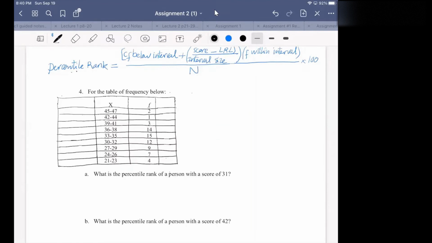In this problem, we are going to find the percentile rank of a score. To do that, we are going to use the formula here.